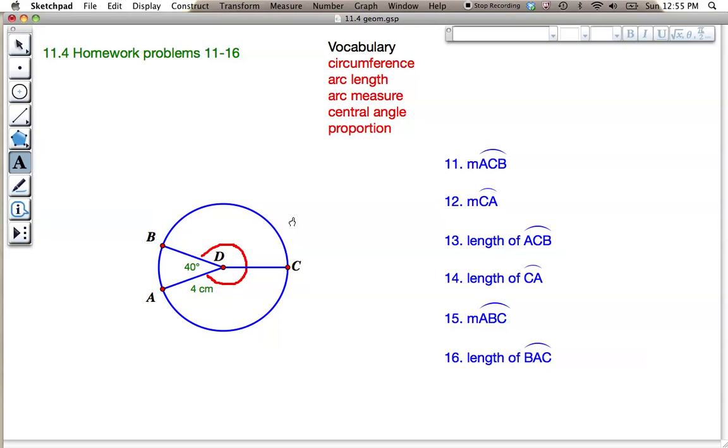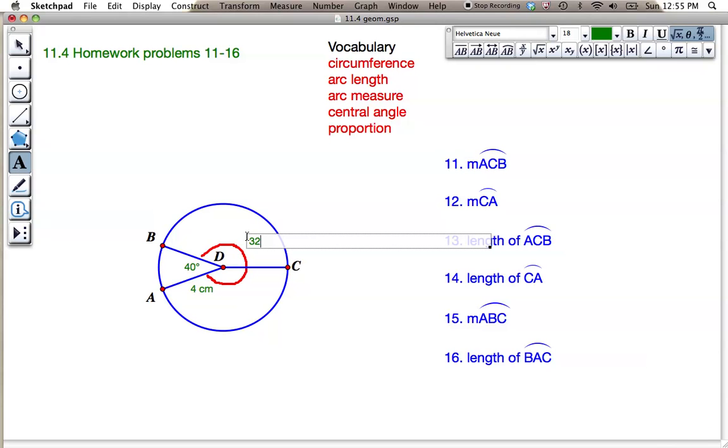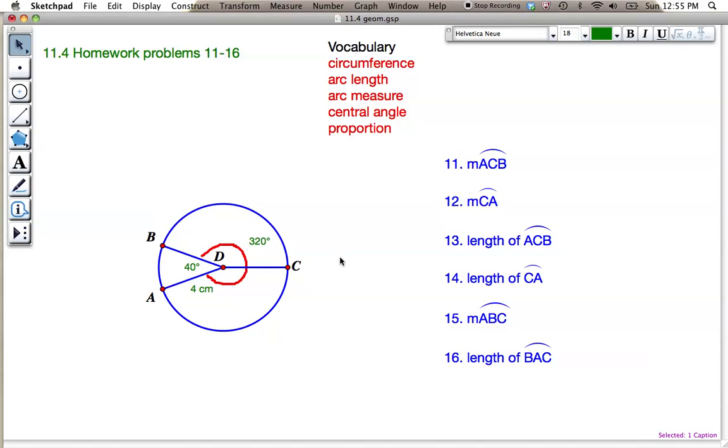We'll write this down. So we have 320 degrees for our big central angle here, and we know that our intercepted arc must also be 320. We know that this must be 40. So we want to find the total circumference first, and then set up an equation using our proportions.